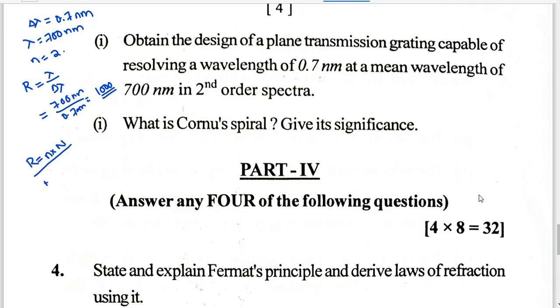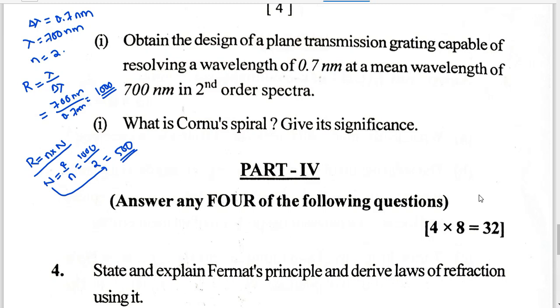So the number of lines is equal to R by n. R is 1000 by n, and n is the order of spectra, that is 2. So the answer is 500. So N equals 500, that means the total number of lines is 500.